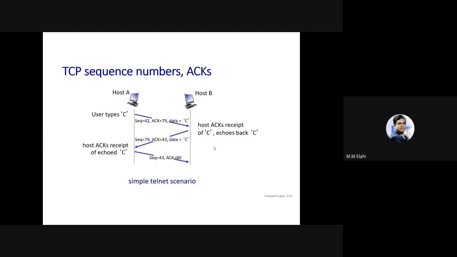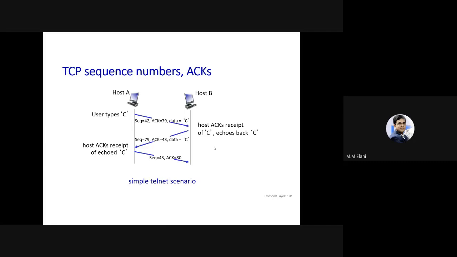So host B will send sequence number 79. That means, okay, I am sending this character with a segment starting from 79 as expected by host A. And acknowledgement number is 43. That means host B tells host A that I have received your segment with 42, 1 byte data, right? Now, next, send me from 43. Is it clear?